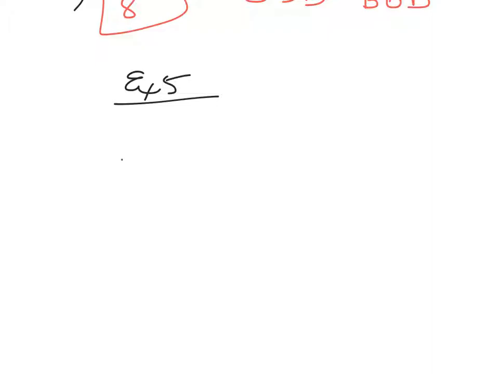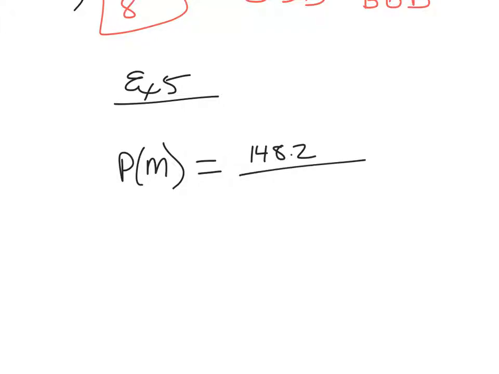Okay. Well, we've actually performed the experiment. We actually went out and had a bunch of people, and we know how many are males and how many are females. So the probability of being male will be the number of times the event occurred, which the problem said was 148.2 million, over the number of trials, which really represents the number of people.